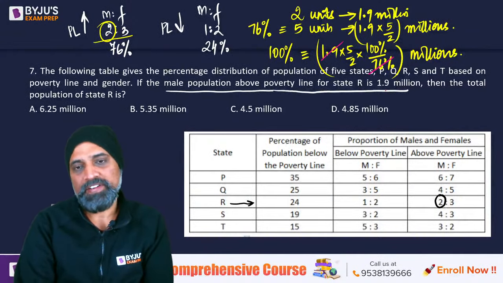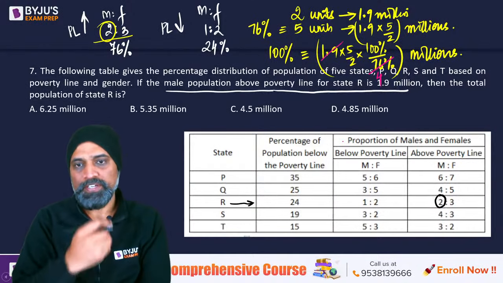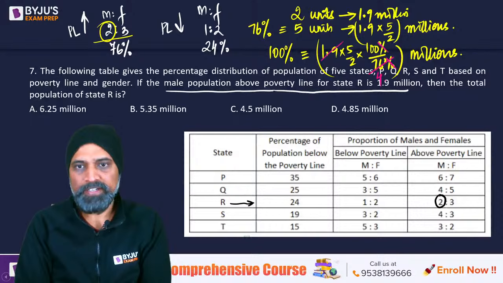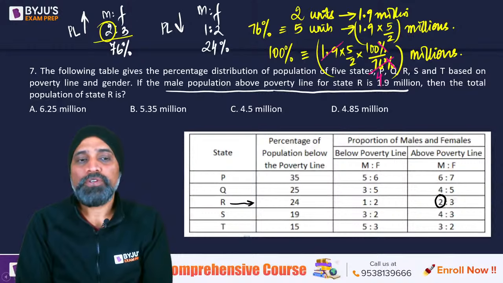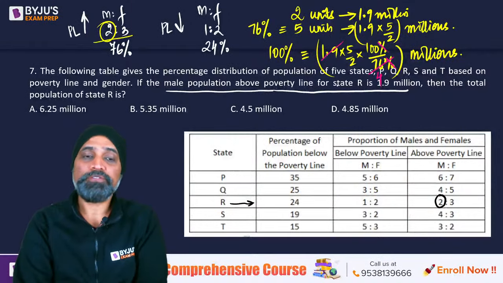So 1.9 and 76, this is 4 times, right? 76 plus 24 is 100%, so 24 and 76, no calculation mistake. If you solve this, it is going to give us 6.25 million.